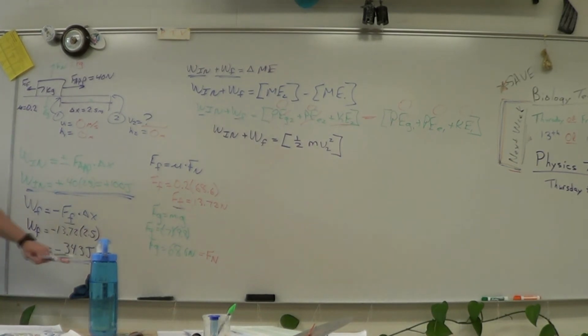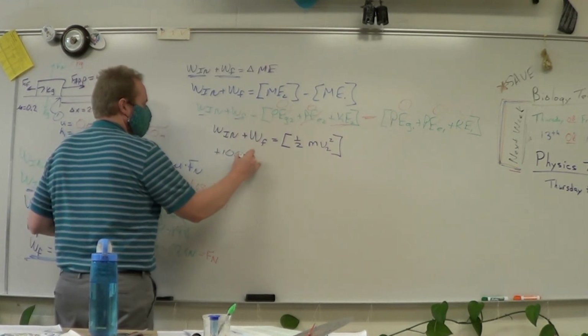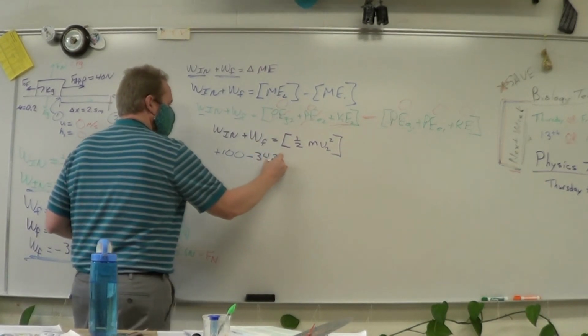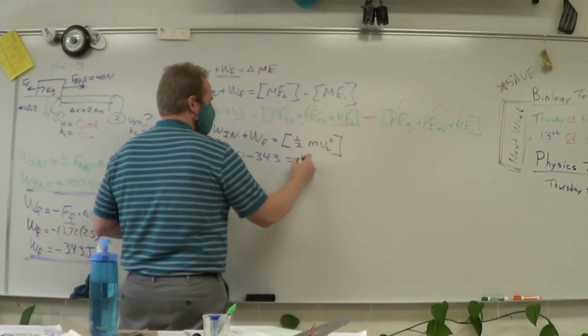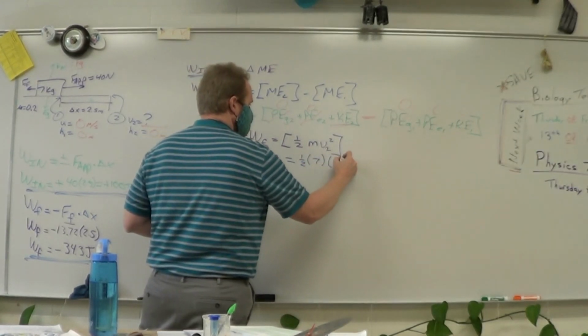Start plugging our numbers in. We've already calculated work in to be positive 100. We've already calculated our work done by friction to be negative 34.3, which is equal to 1/2 times 7 times V2 squared.